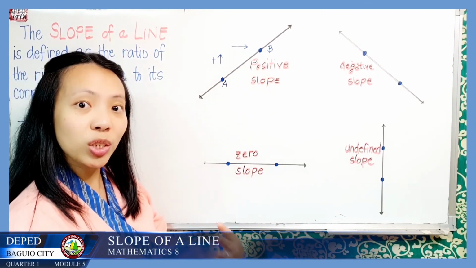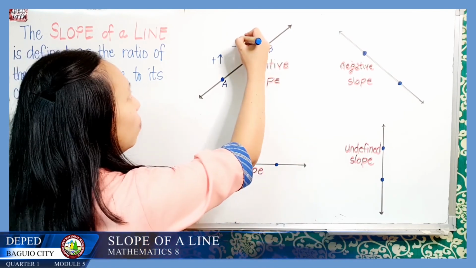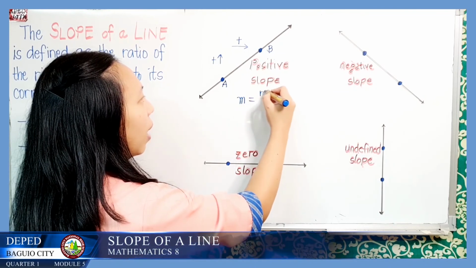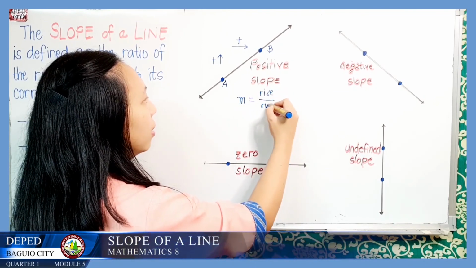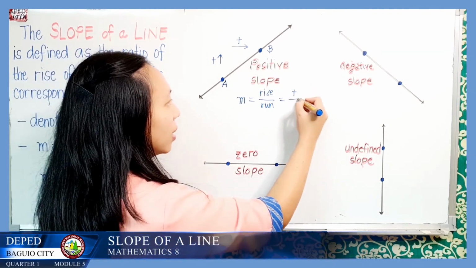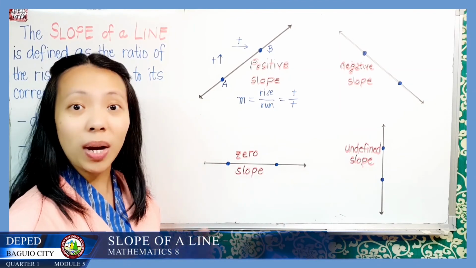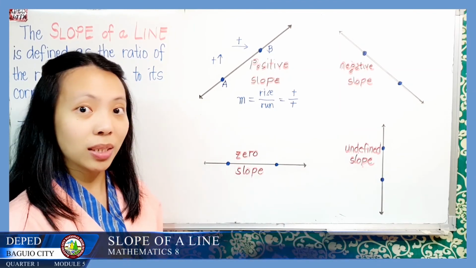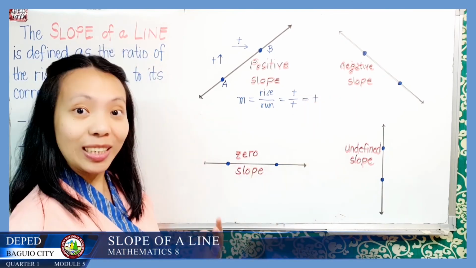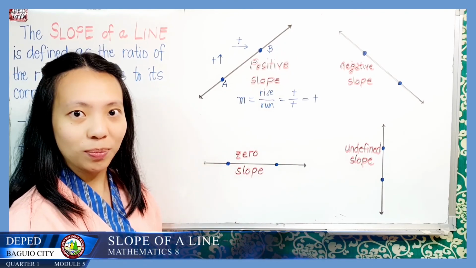Since the direction of our movement is to the right, the sign is positive. Therefore, in the formula rise over run, the sign of rise is positive while the sign of run is positive. What again is a positive number divided by another positive number? The sign is positive. That is why this line here has a positive slope.